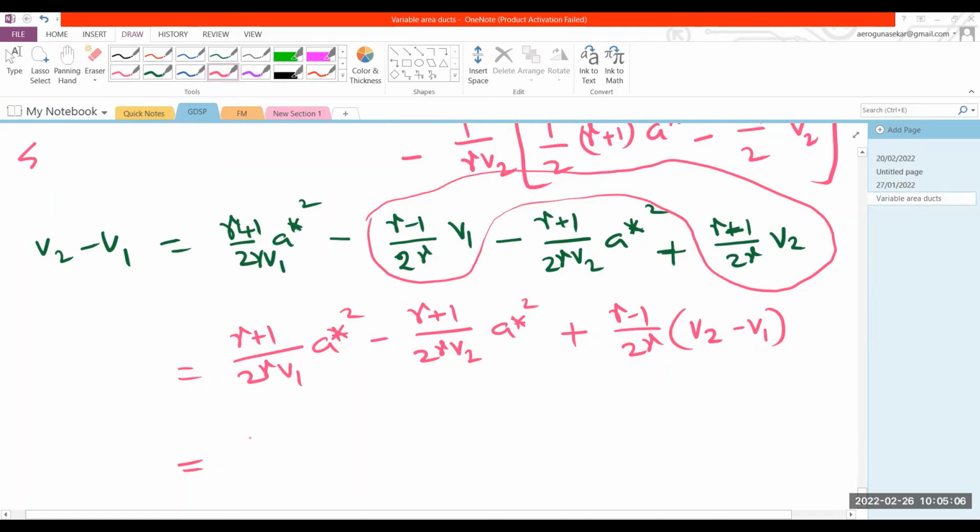Gamma plus 1 by 2 into gamma, this we can take common in both the first and second term.